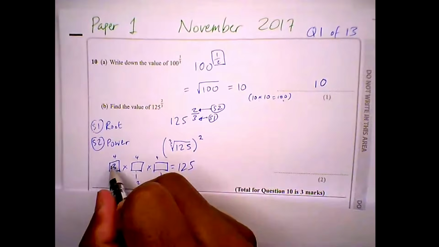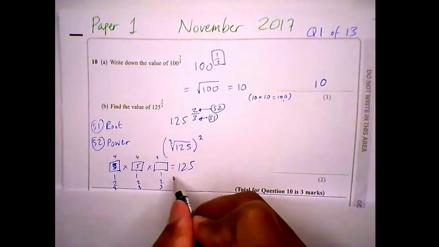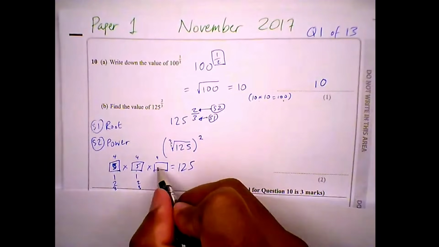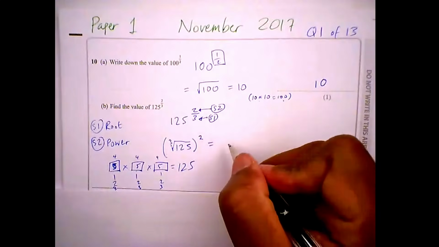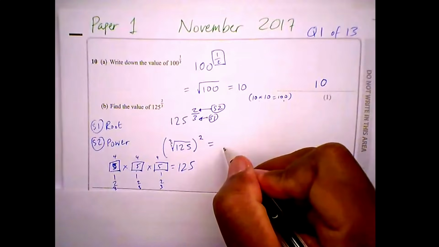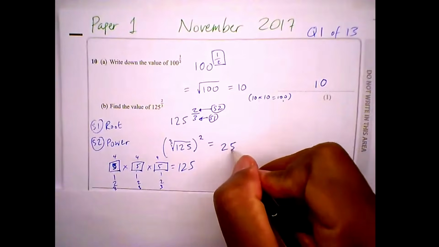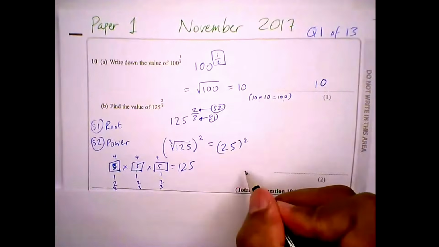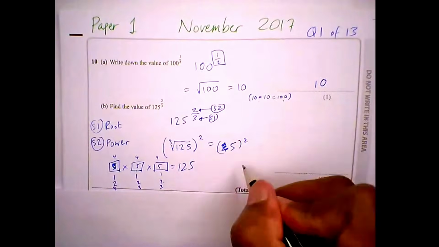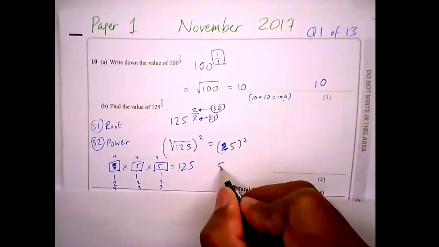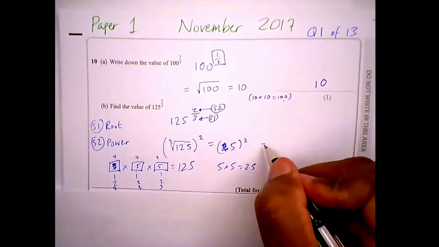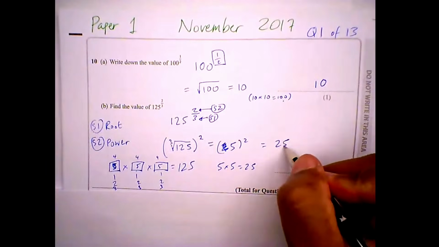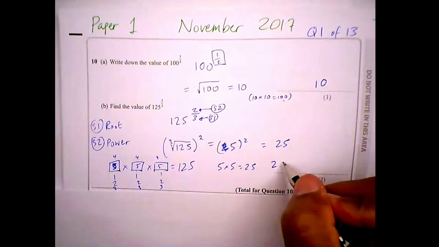And then the last one is 5 times 5 is 25, times by 5 gives me 125. So the cube root is 5. Then I square it: 5 times 5 gives me 25. So my final answer becomes 25.